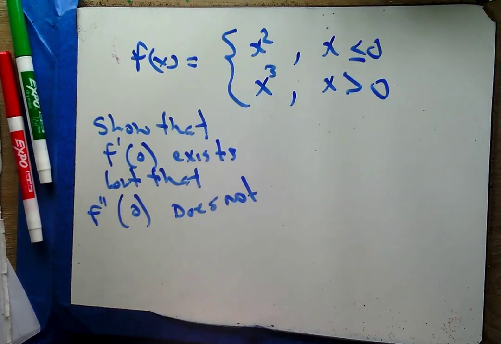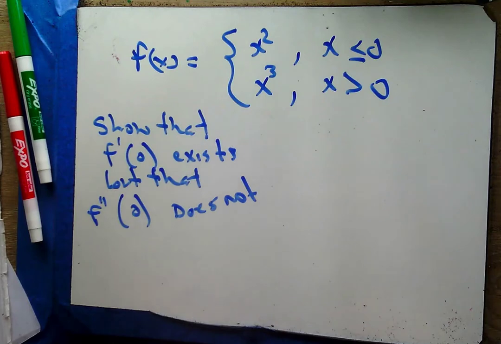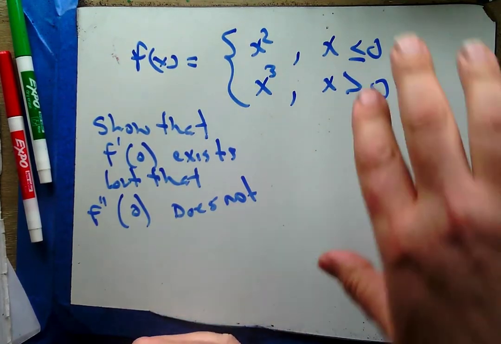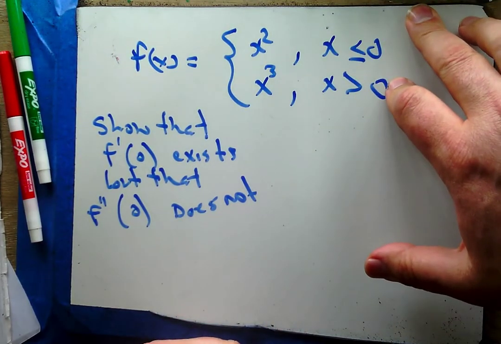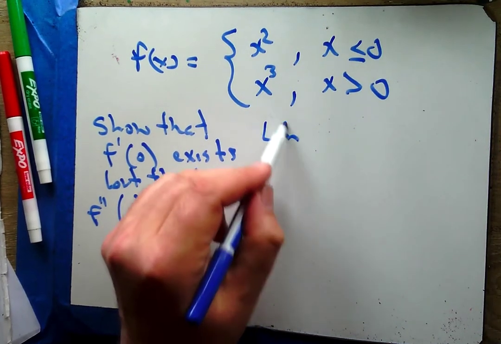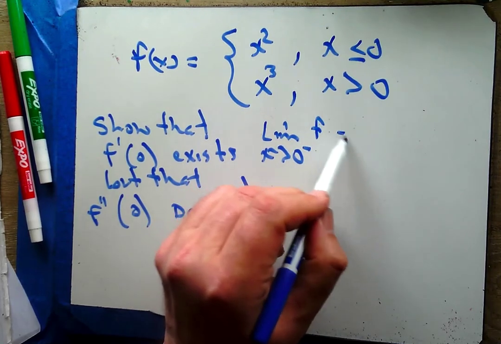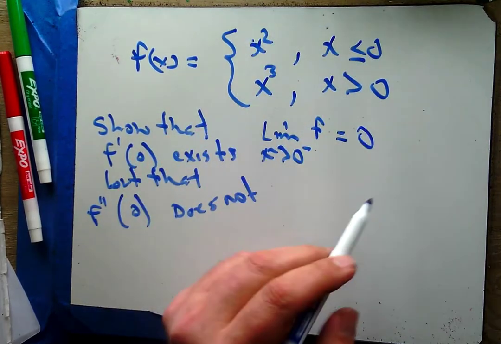Okay, so in order for f prime of 0 to exist, I know two things. First, this function needs to be continuous at x equals 0. So the limit as x approaches 0 from the negative side of the function, that means I plugged a 0 in there, is 0.